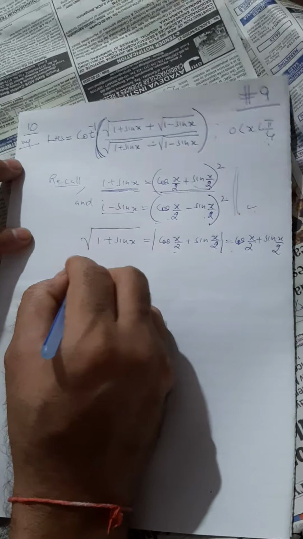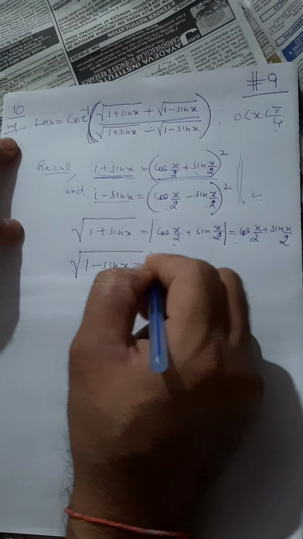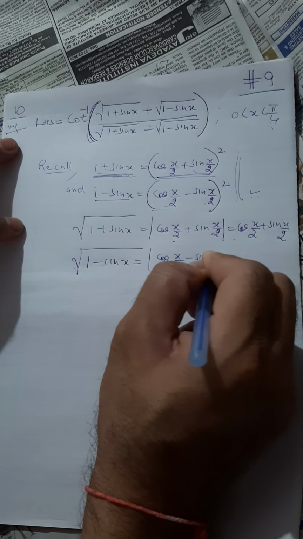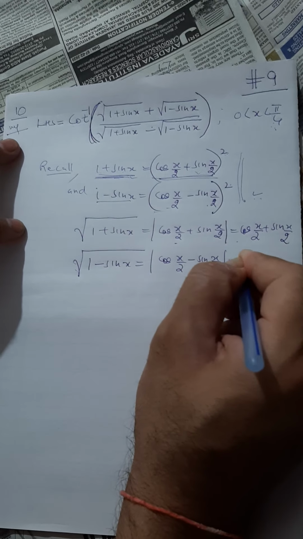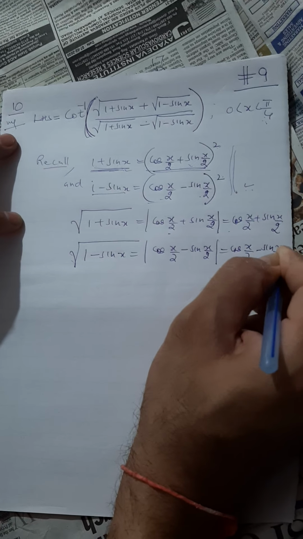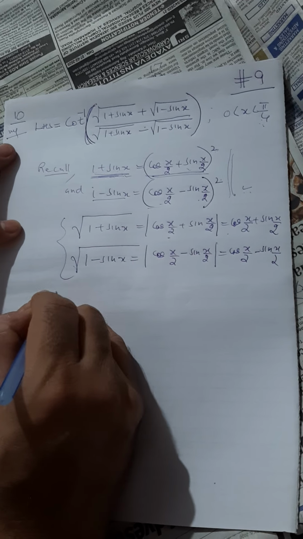And here root of 1 minus sin x will be again cosine x by 2 minus sin x by 2. So this is cos x by 2 minus sin x by 2. So I'm putting all these things there inside the bracket.